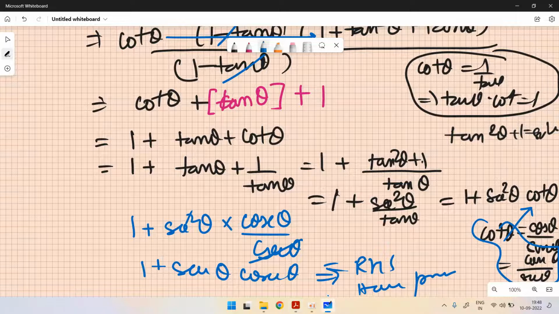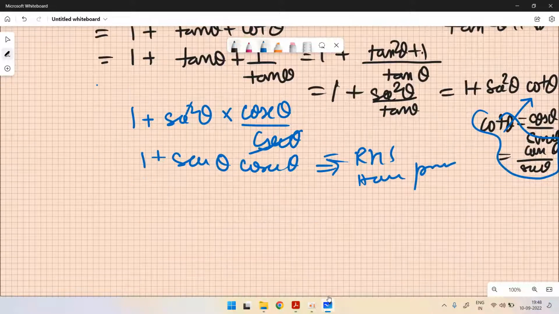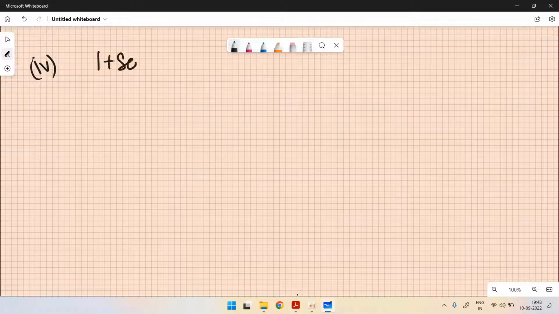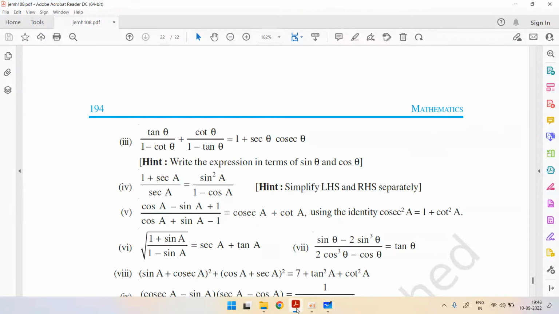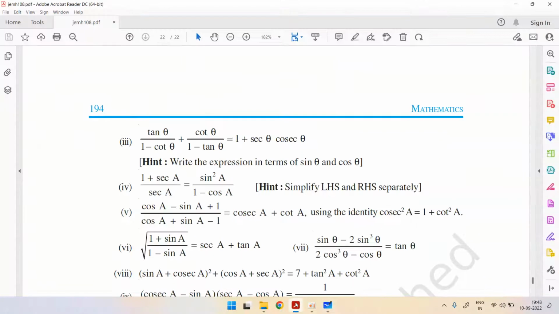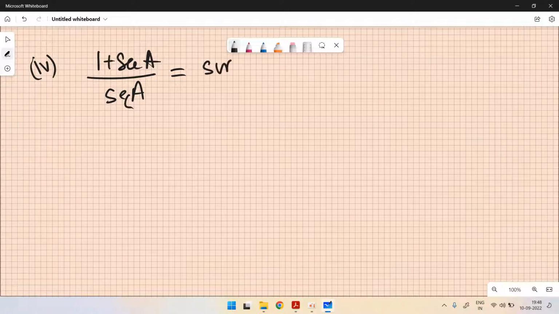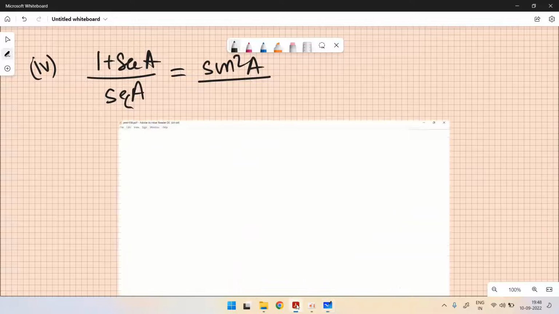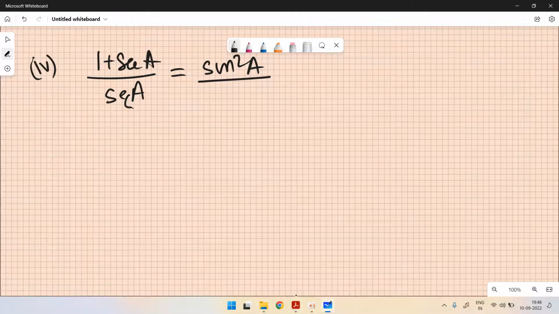So this fourth part is (1 plus secant A) by secant A equal to sine square A by 1 minus cos A. Now I'm taking LHS.